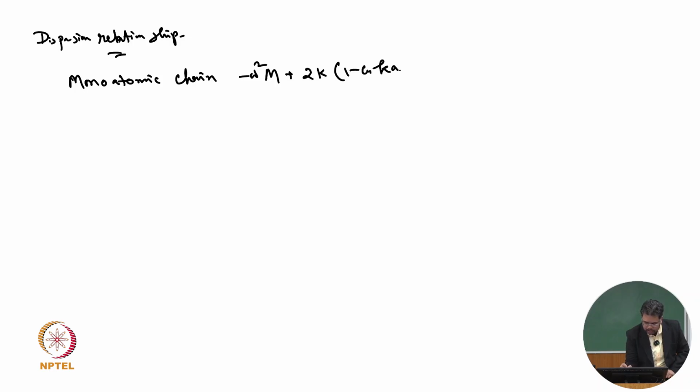What is a dispersion relationship? It is basically a relation between the wave number and the frequency. So for the monoatomic chain, it is minus omega square m plus 2k into 1 minus cos kappa a, equal to 0.